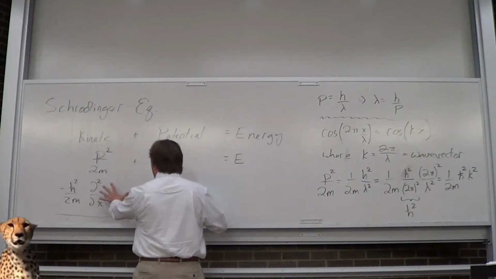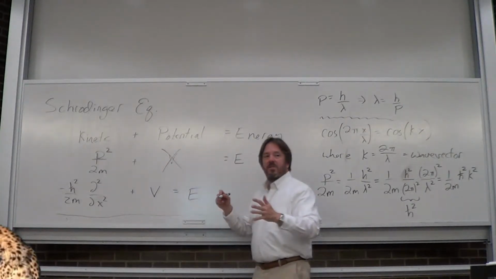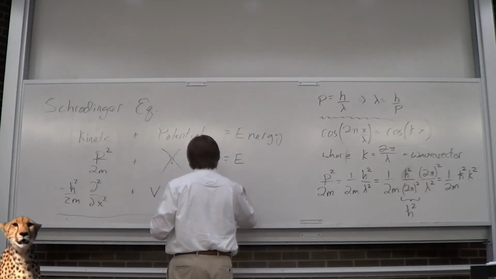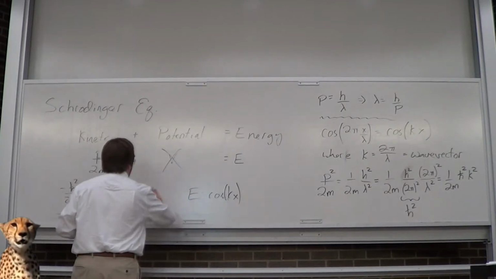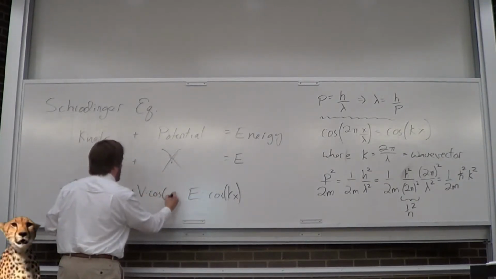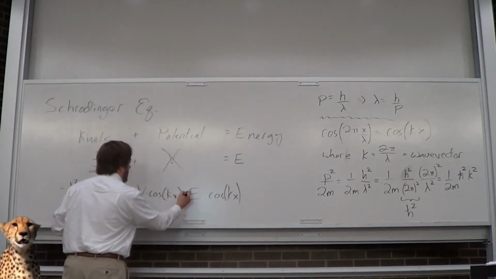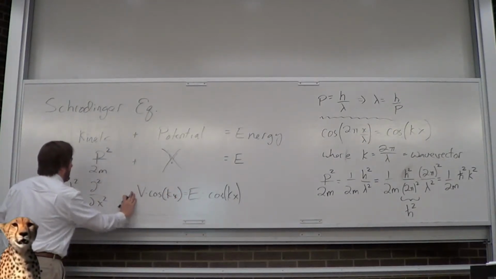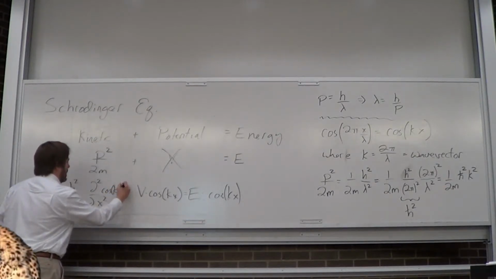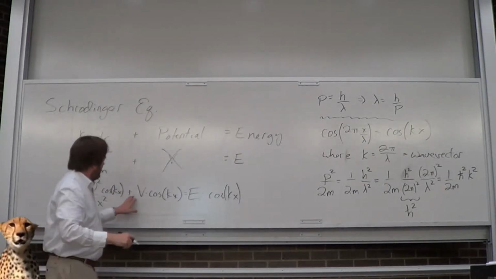Okay, so where's the cosine? If I have it here, this is a differential equation. Here's how this works. Cosine kx, I believe potential energy. And then I still need a cosine. Okay, there you go.